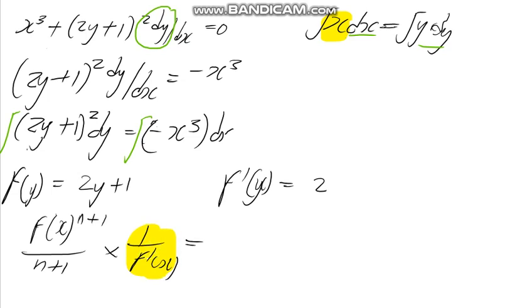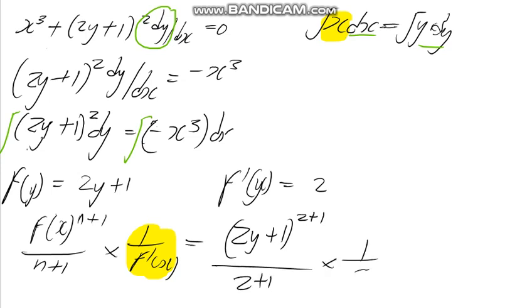So this will be equal to (2y plus 1), then to the power n. What is your n? It's 2, so 2 plus 1 divided by 2 plus 1, multiplied by 1 over 2. Then this will be equal to (2y plus 1) to the power 3 divided by 3 times 2. Your final answer for this one will be (2y plus 1) to the power 3 over 6.